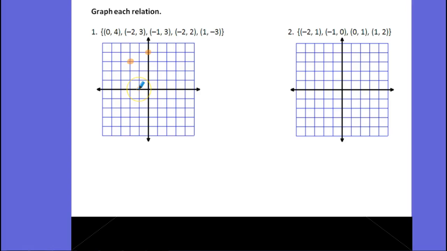Negative 1, 3: you go to the left 1 and up 3. Negative 2, 2: we go left 2, up 2. And 1, negative 3: we go right 1 and down 3. When I'm saying those, I'm not listing them as slopes, that's different. These are just coordinate points.